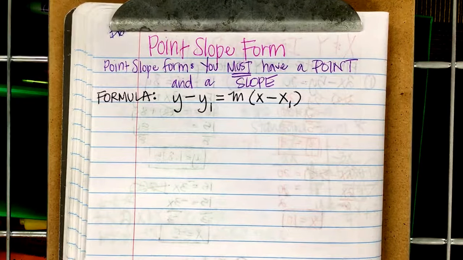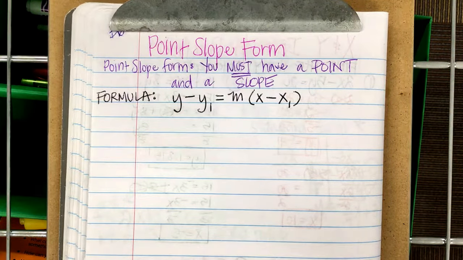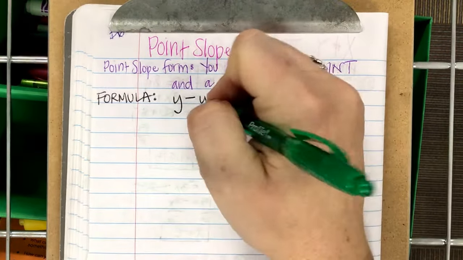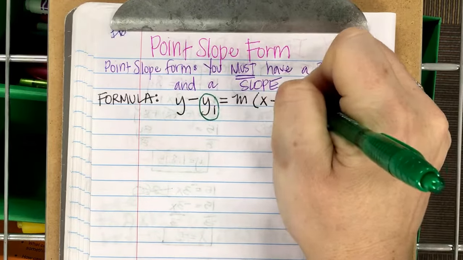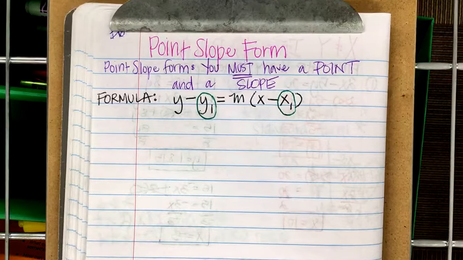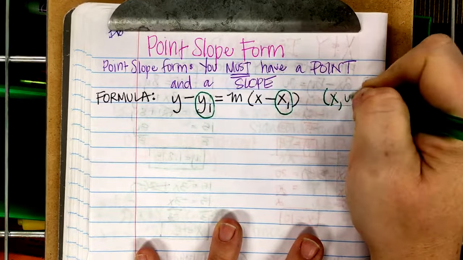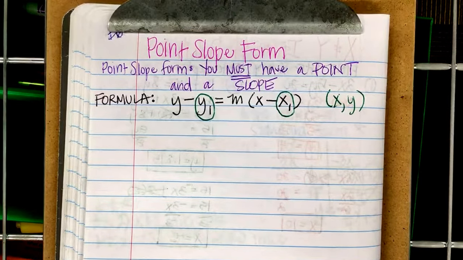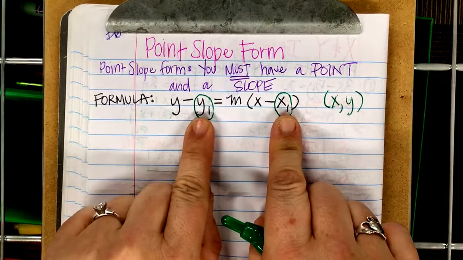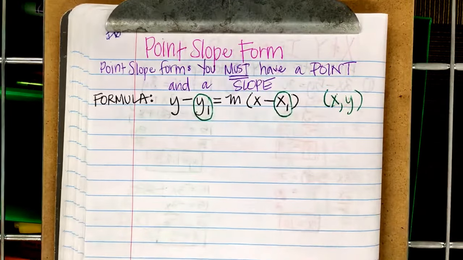Point slope form. And it's called point slope form because right here is your point. So if you're given a point, x, comma, y, those values get substituted into these locations. The x and the y.